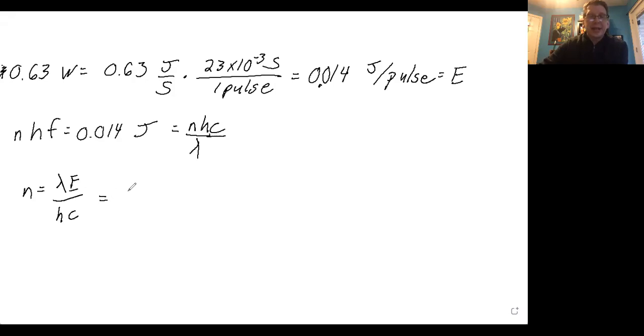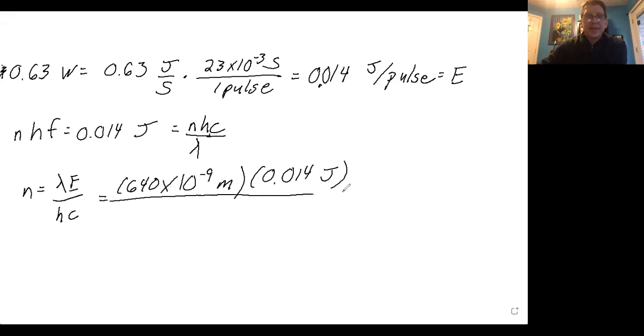So that's lambda, which we're given, it's 640 nanometers, times 0.014 joules, divided by Planck's constant.